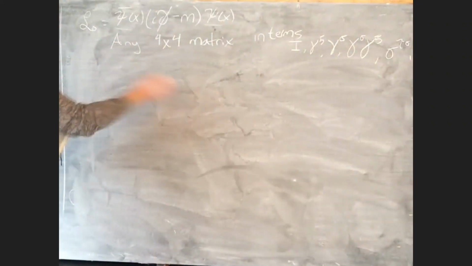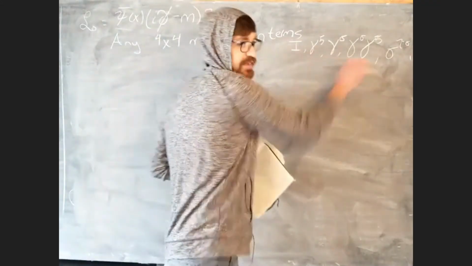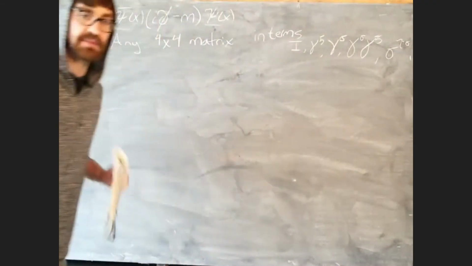Any 4x4 matrix you can write in terms of those matrices. That's some sort of linear combination of those.